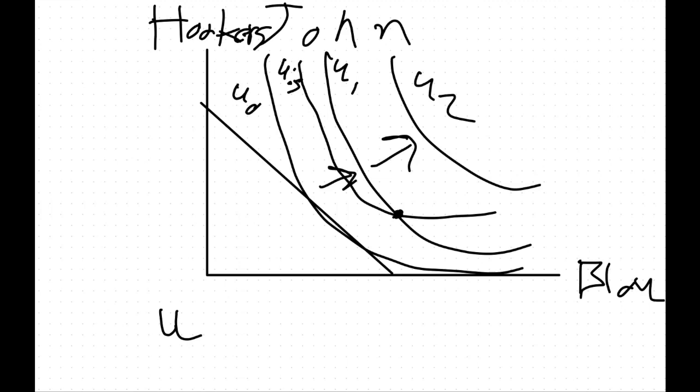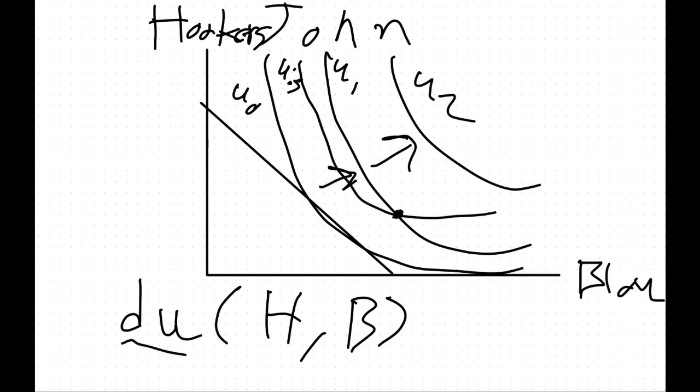Yes, so in fact, the traditional axioms for a utility function actually rule that out. What we are going to assume is that happiness or utility as a function of hookers and blow is monotonically increasing, is the fancy word in math for it.